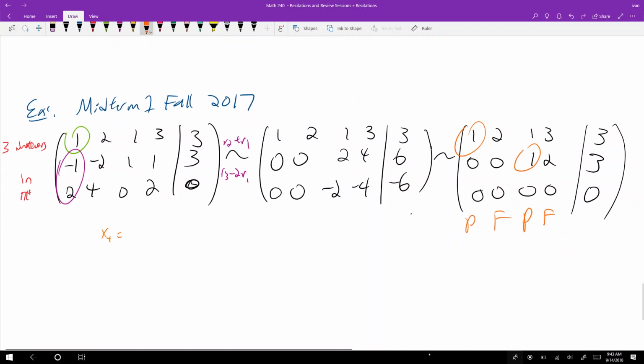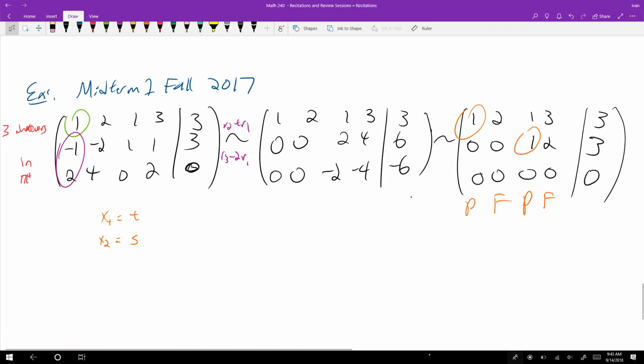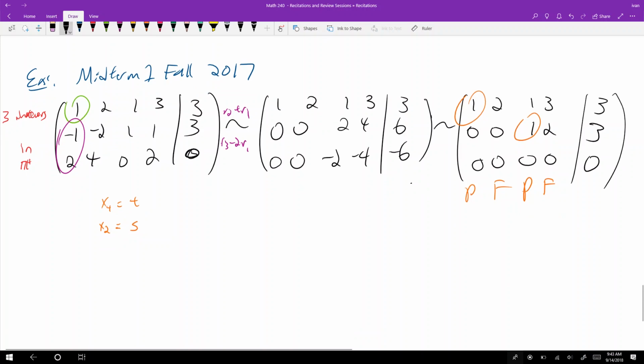I'll start off with x4 because we like to work backwards when we're solving systems of equations. So I'll let x4 equal t. And I'll let x2, we'll call it s. You can call it r. You can call it left parentheses. It doesn't matter. Okay.